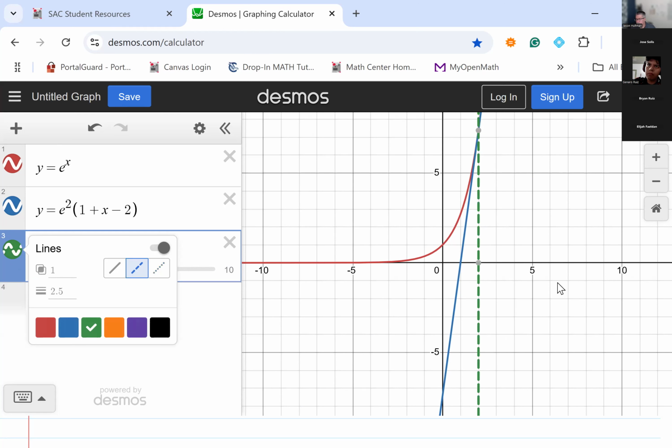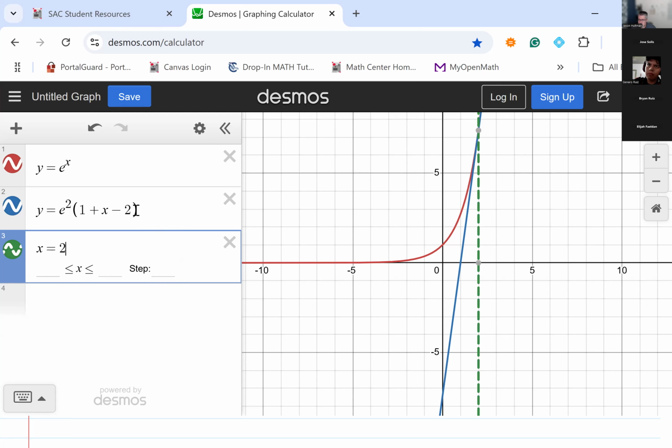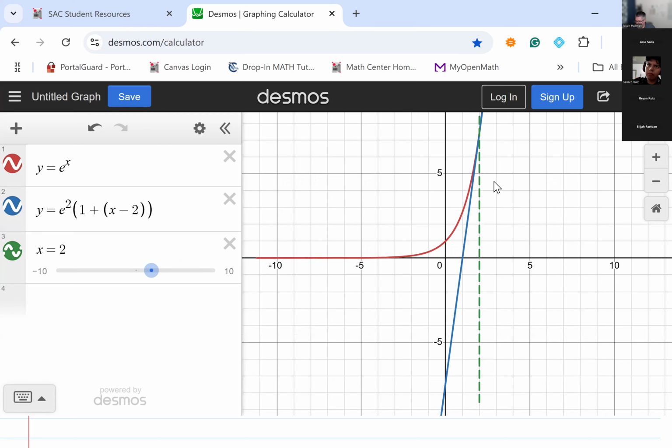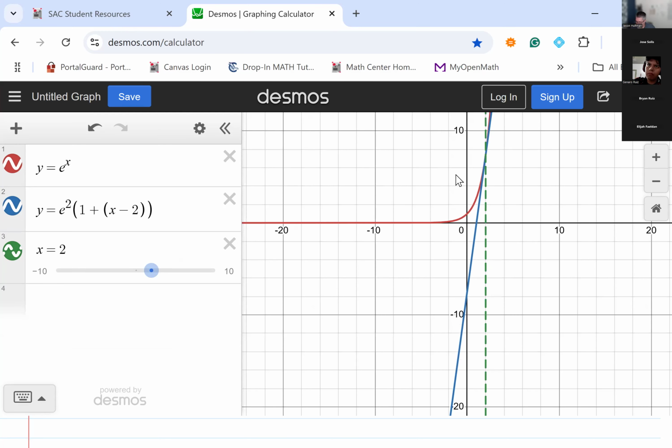We're really interested in what's happening at x equals 2 because this is the Taylor polynomial centered around x equals 2. Let me pull this down a little bit.